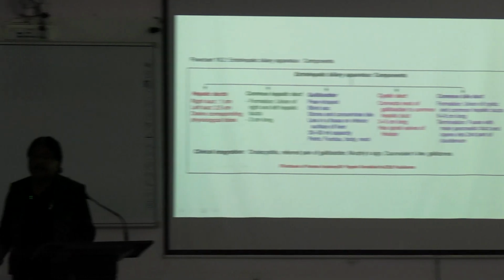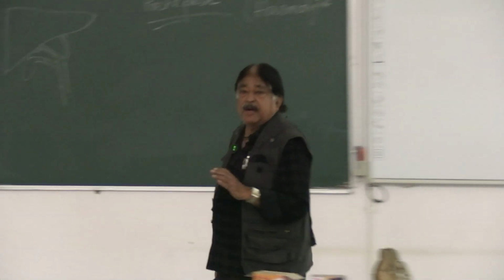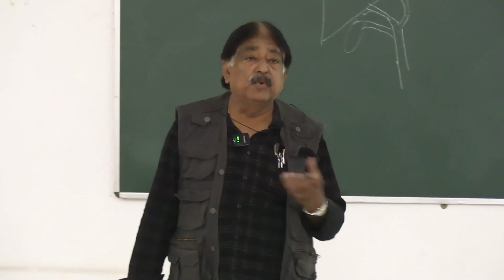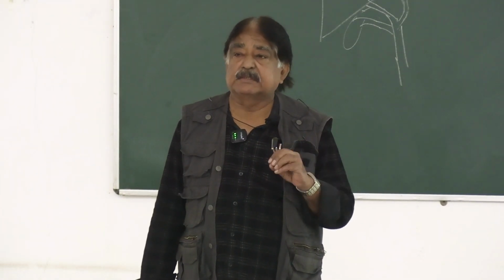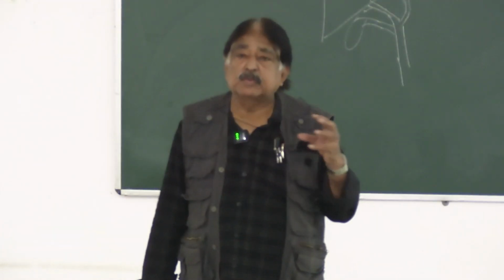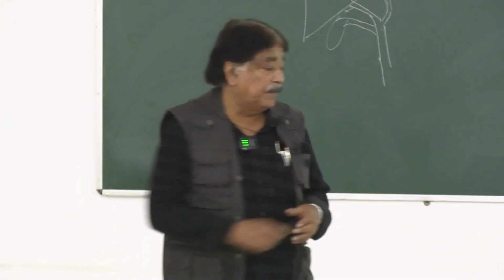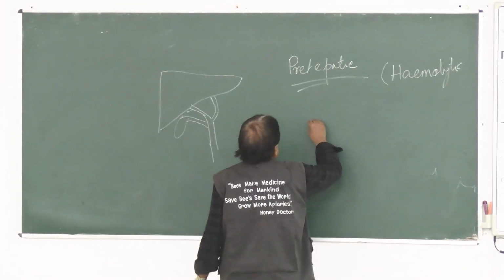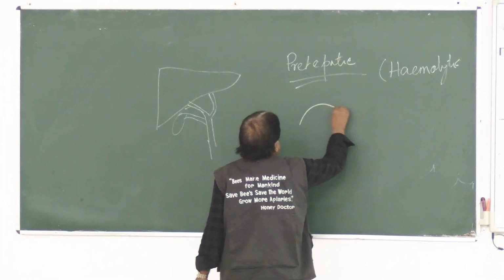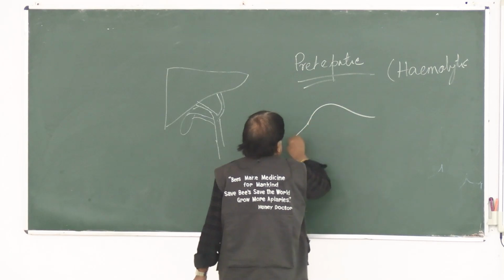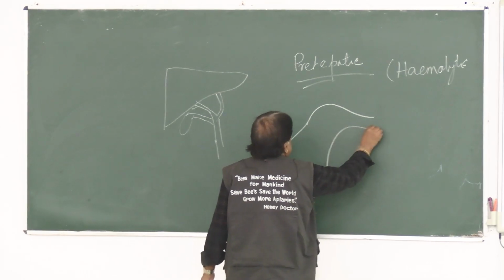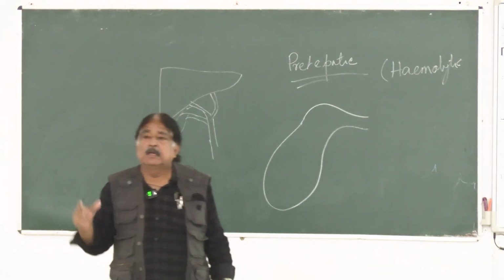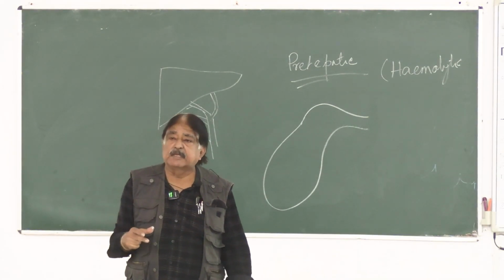Now, in disease conditions like mucocele of the gallbladder or empyema of the gallbladder: mucocele is a condition where mucus is secreted, and the gallbladder can be enlarged up to 6 or 7 inches, the pathological state of mucocele of the gallbladder.